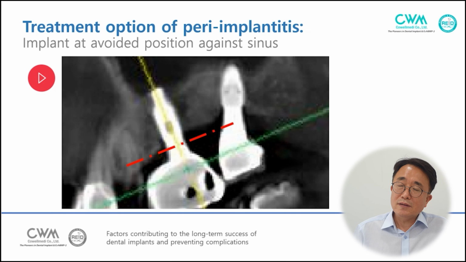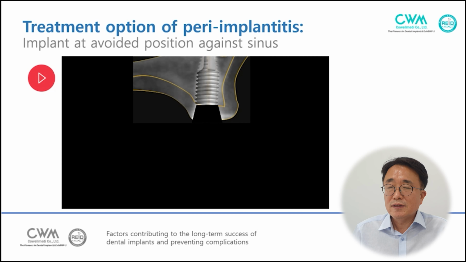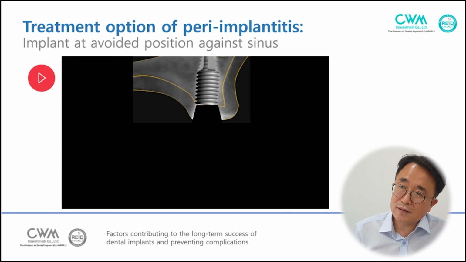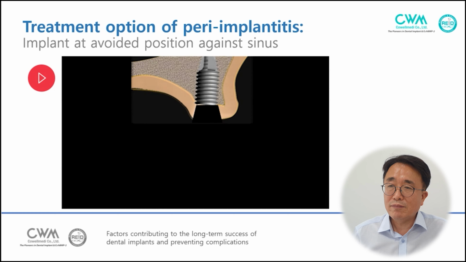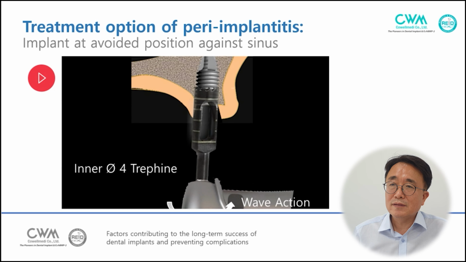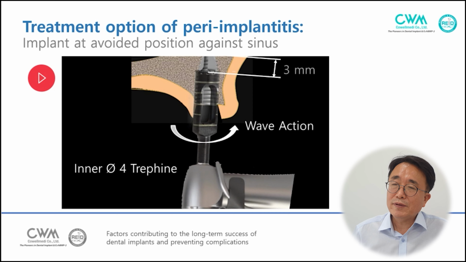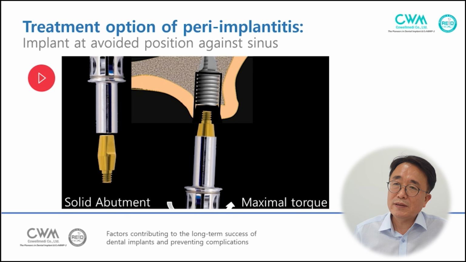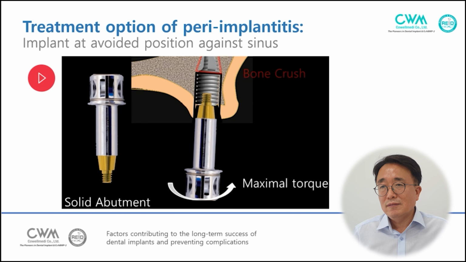Like this. This number 26 site implant is fractured. So the remaining implant part has to be removed with the trephine. Here, the apical 2 or 3 millimeters remained in the maxilla. The maxilla bone quality is soft.